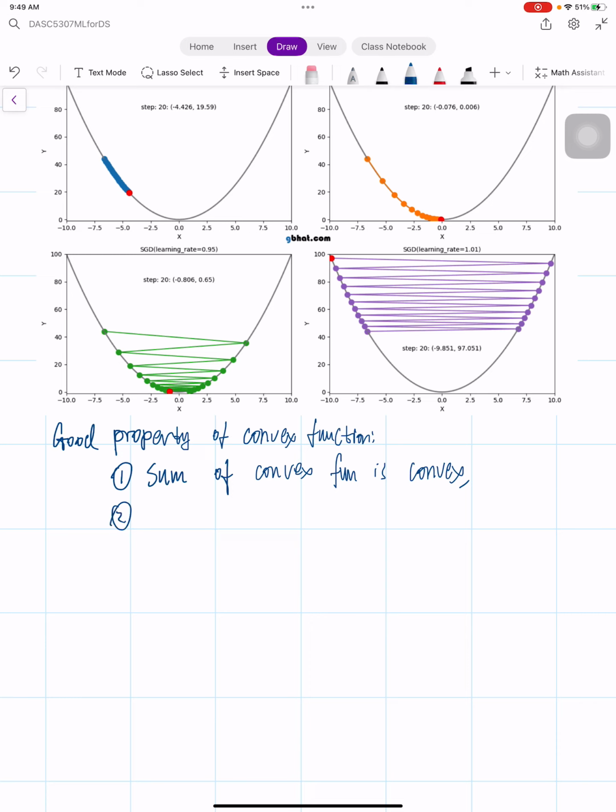Second, if f is continuous, the minimum is unique. There's only one minimum.